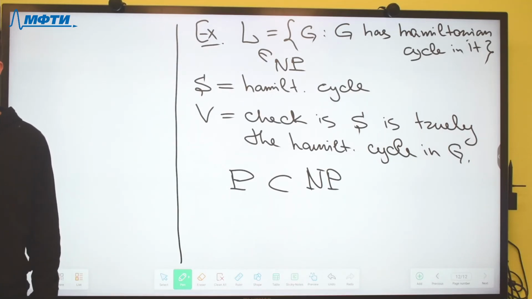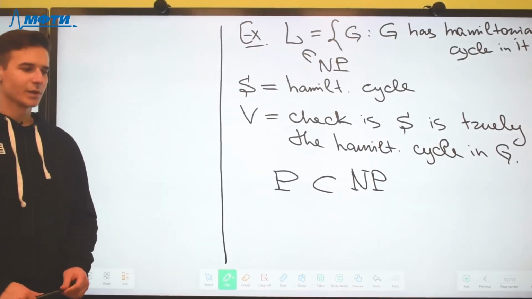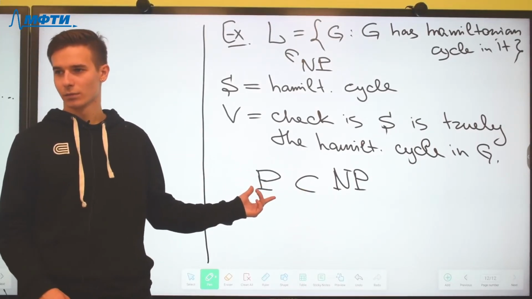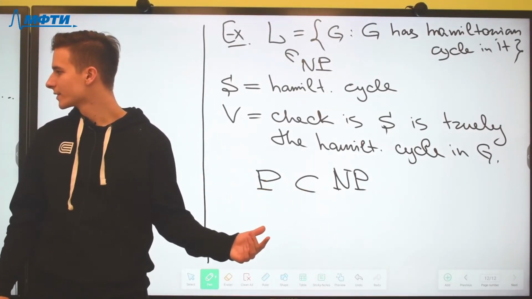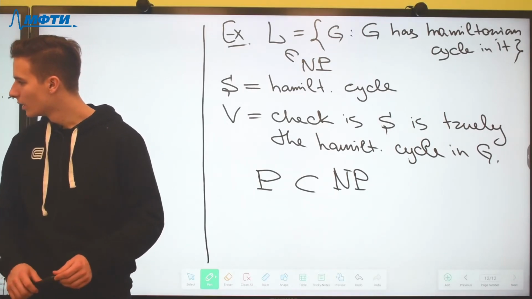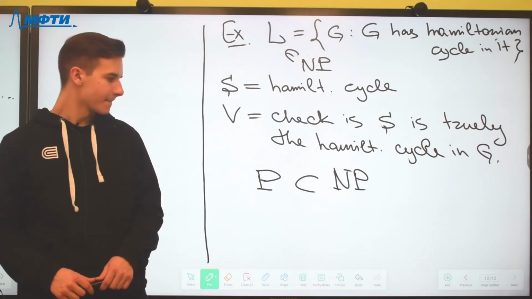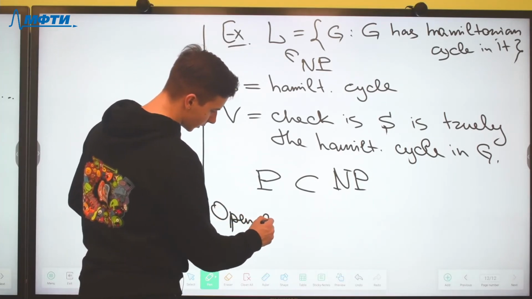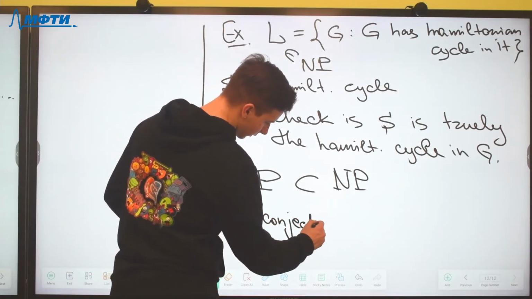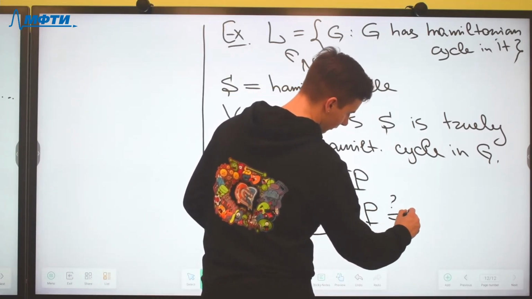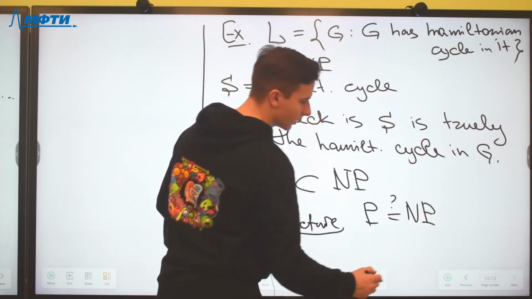Yeah, but we don't know if every non-deterministic algorithm can be reduced to a task solvable in polynomial time by a deterministic Turing machine. So it is an open conjecture whether P equals NP or not.